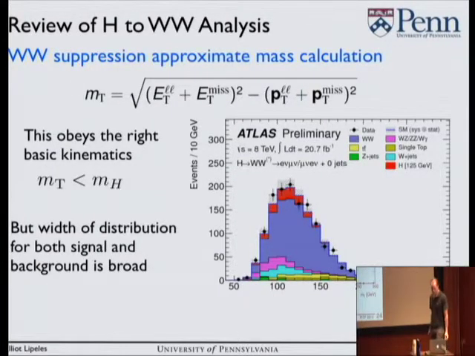So your discrimination is not spectacular here. In the end, what we do is we take this distribution and fit it. So we've made all these other cuts and selections, and then we finally take this distribution and we fit it because that's the closest we can get to signal. And that just makes the most use of the fact that different bins in this distribution have different signal-to-background ratios.